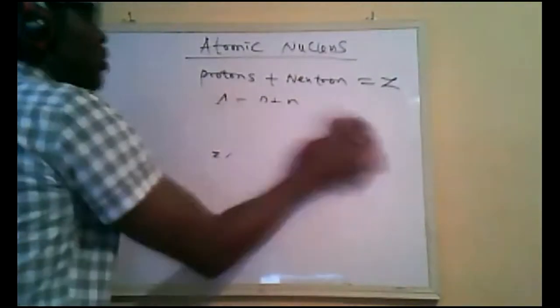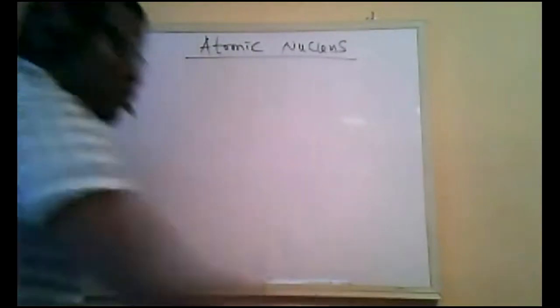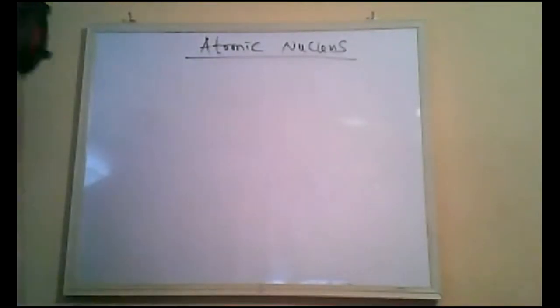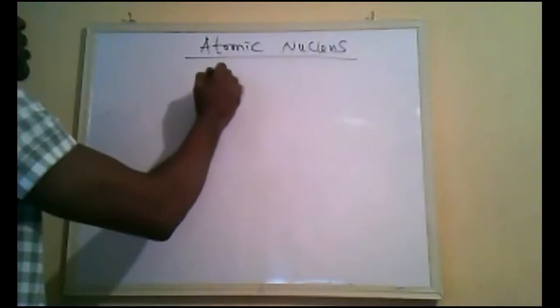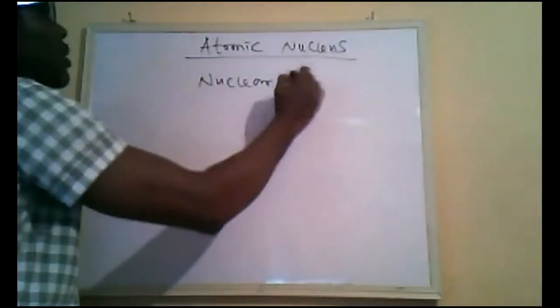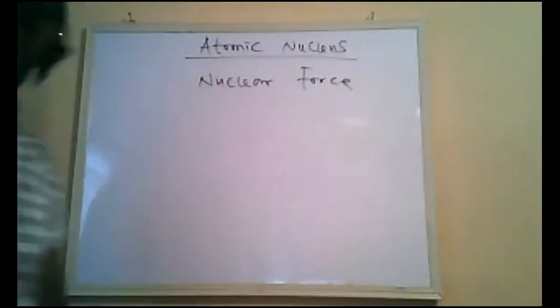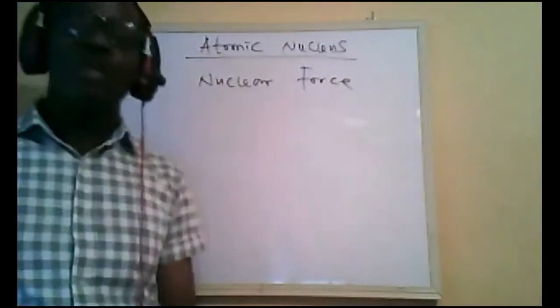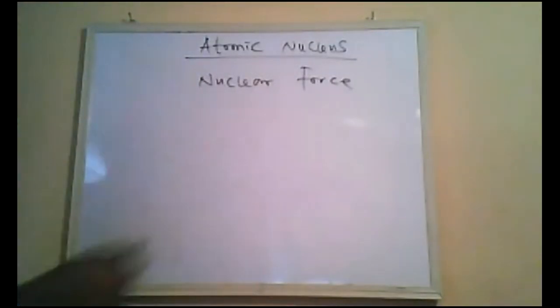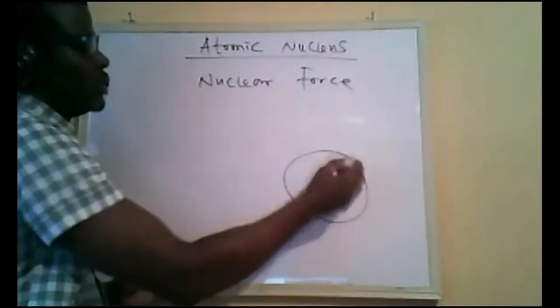We are not just doing this mathematics for the fun of it. We are doing it because it is going to lead us to the nuclear force that exists inside the nucleus, different from the Coulombic force.